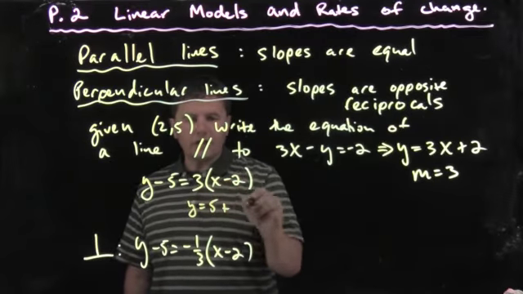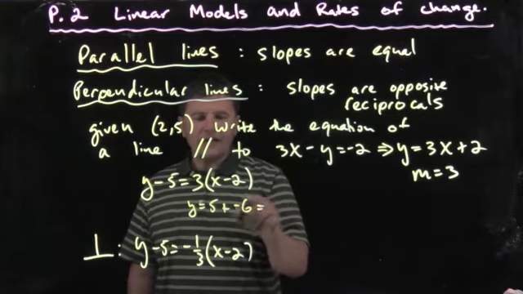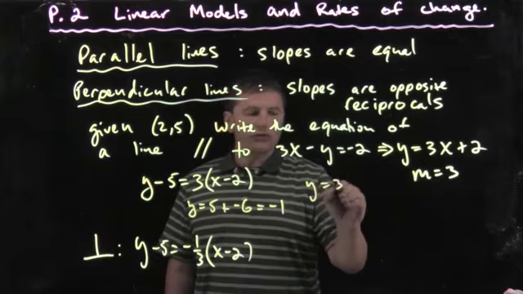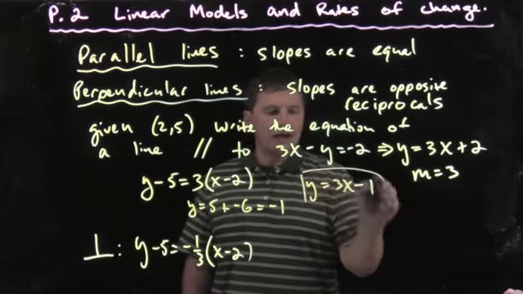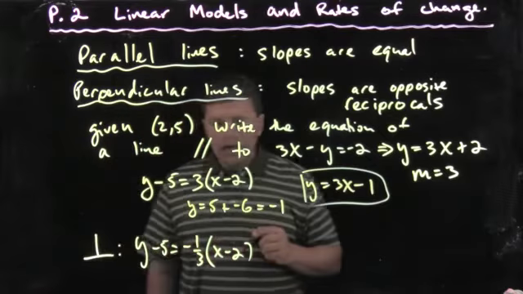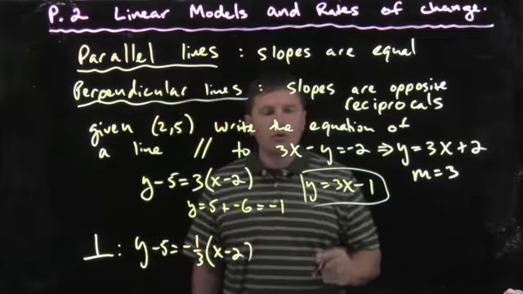That's going to give me -6, so that's going to give me -1. So this would be y equals 3x minus 1. If you want to do it that way, go for it, but that would be slope intercept form if they're asking for that. And then over here, let's say we want general form.